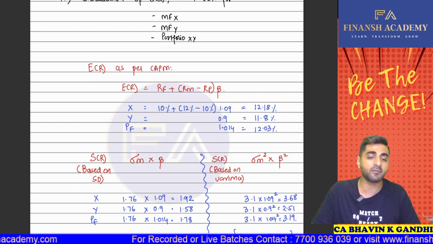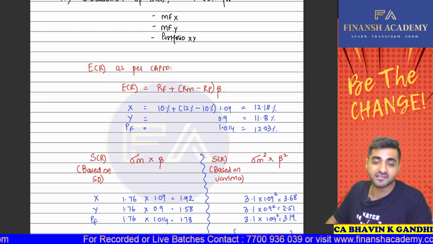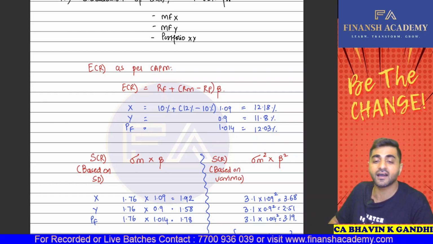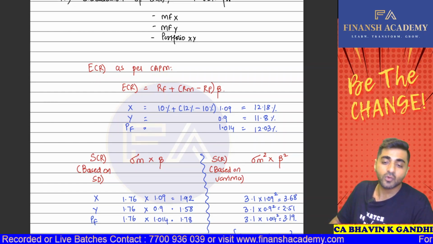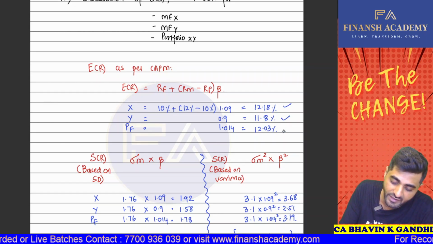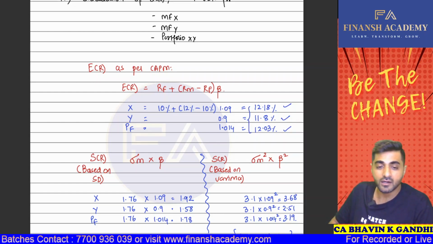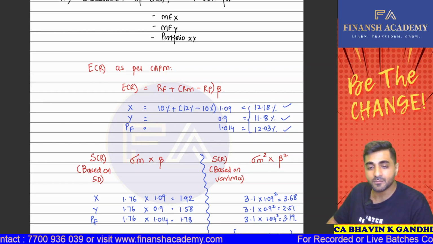So it makes it very simple for us to calculate what is going to be the expected return. So for your MFX, as you all can check, your RF plus RM minus RF into beta. So you have the RF, okay, you have RM minus RF, you have the beta. So based on this, we'll be getting 12.18, 11.8, and 12.03. So these are nothing but your expected returns for your CAPM.